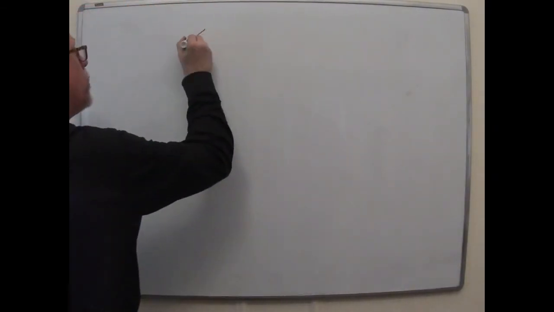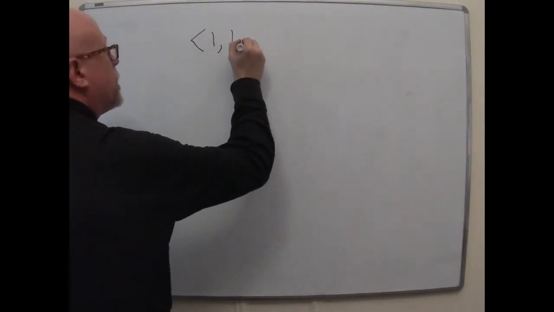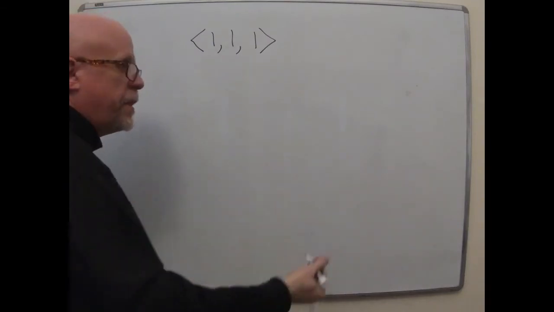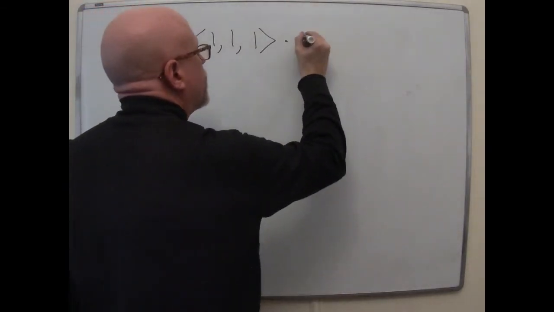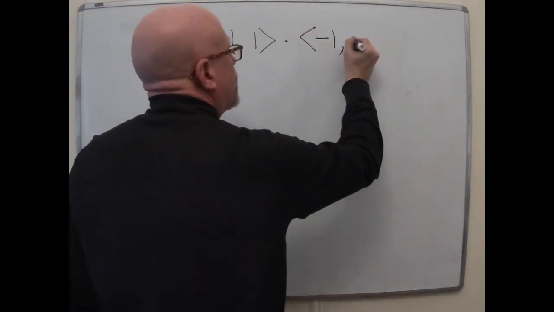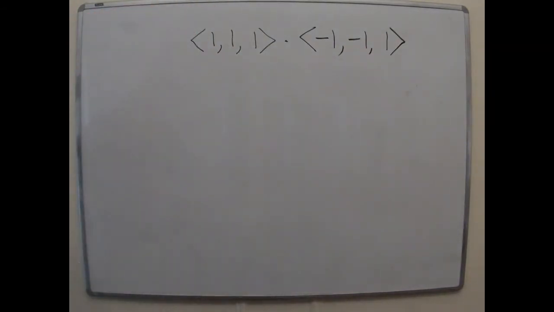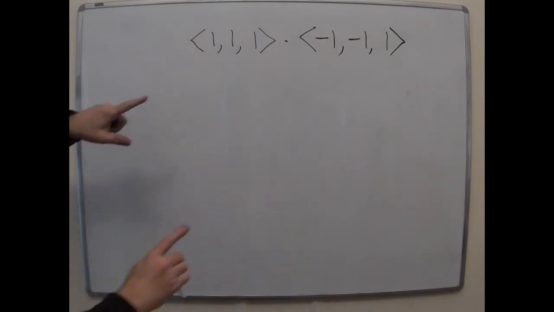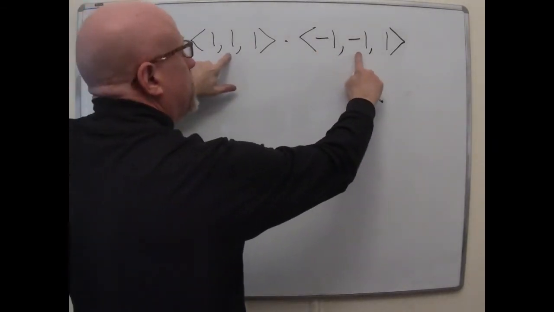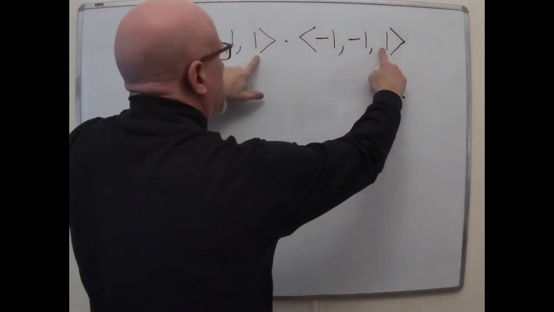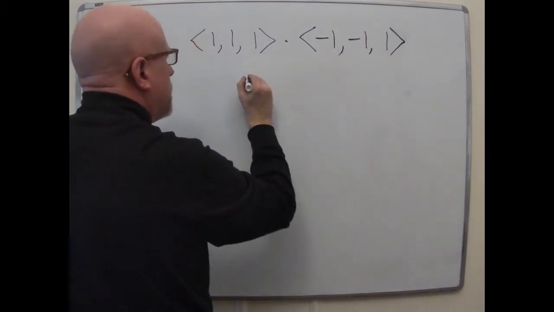All right, 1, 1, 1 was one of the vectors I mentioned, and anything else that has an even number of minus signs, I don't really care. So how about minus 1, minus 1, 1, two minus signs in it. The dot product there is minus 1 plus minus 1, that's minus 2, plus plus 1. All right, it equals minus 1.